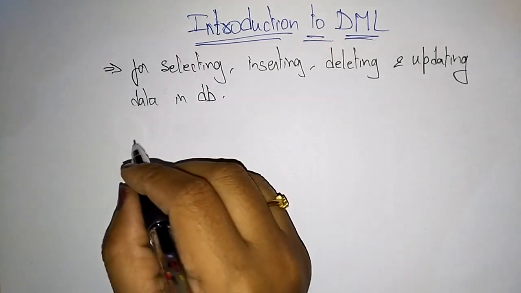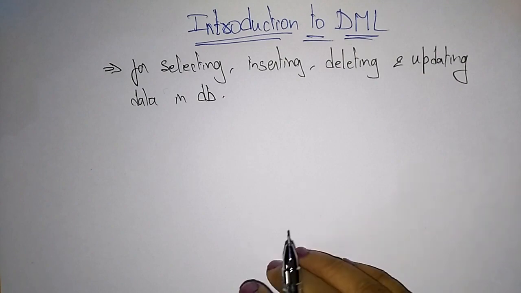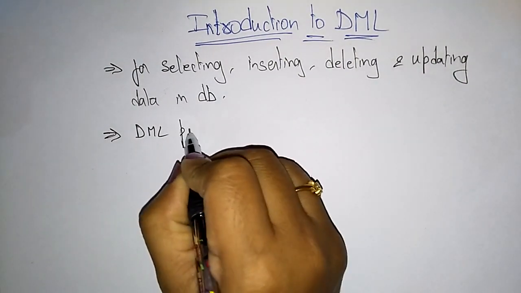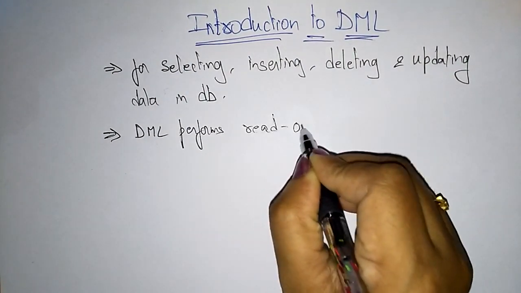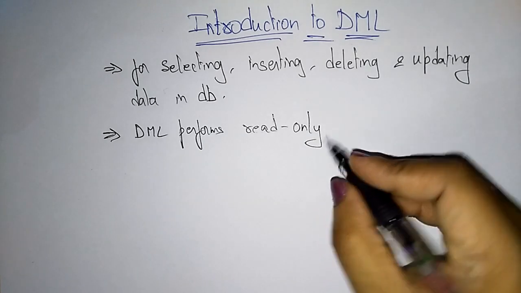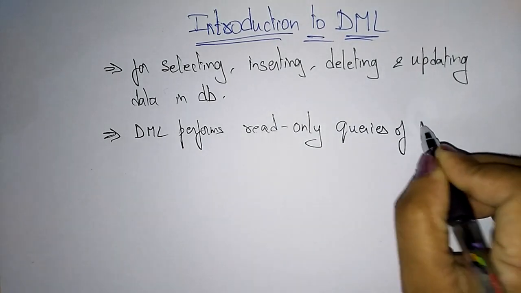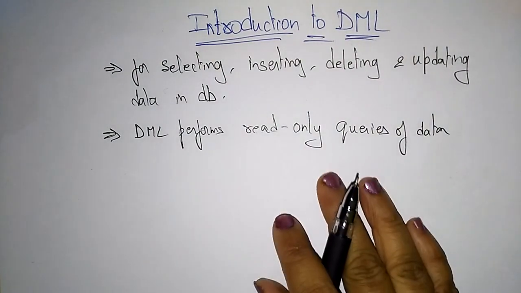It is used to retrieve and manipulate data in the database. And one more thing: data manipulation language performs only read-only queries of data. Okay, so this is about data manipulation language.